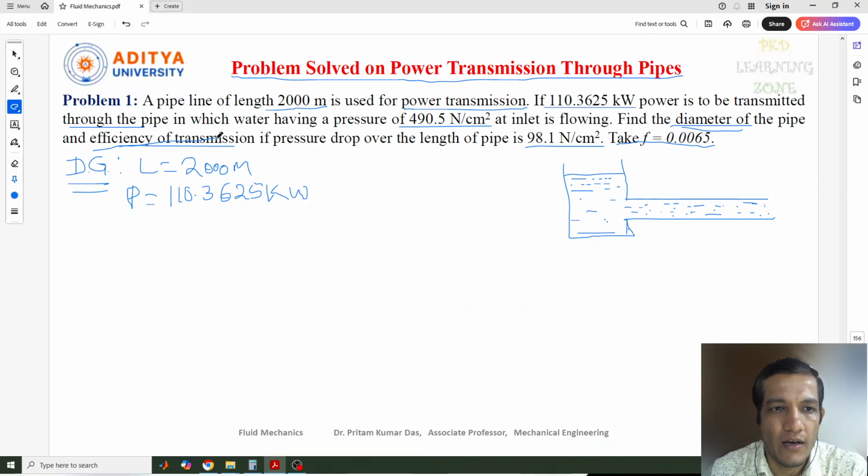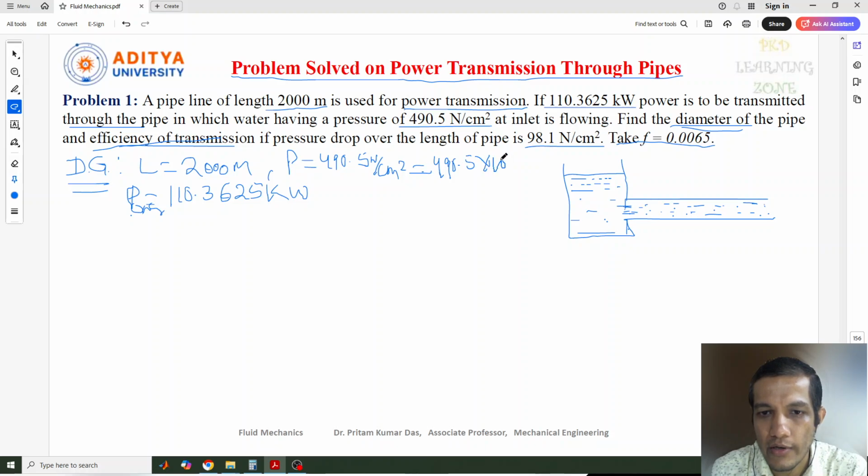And next, at the inlet of the pipe, the pressure value is 490.5 Newton per centimeter square. So this one we can convert into meter square. Same thing, I can just write 490.5 into 10 to the power 4 Newton per meter square.